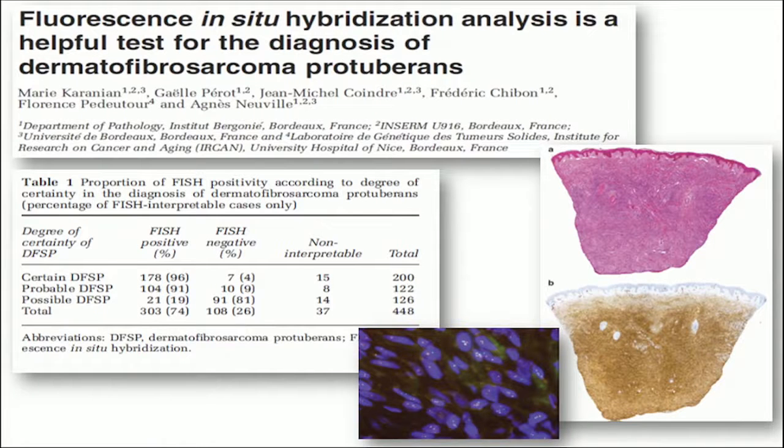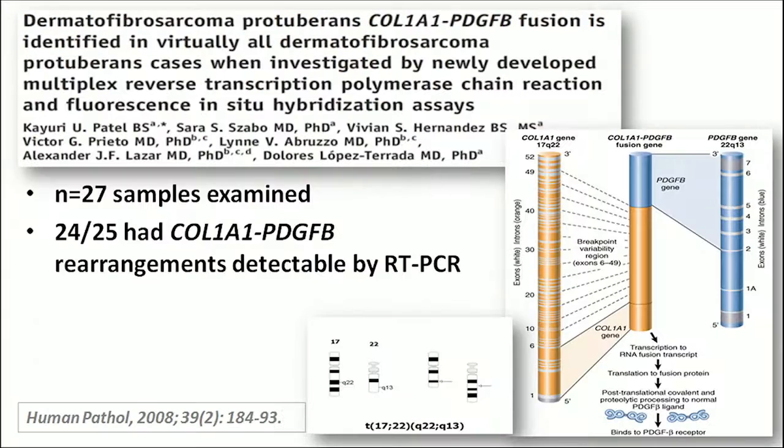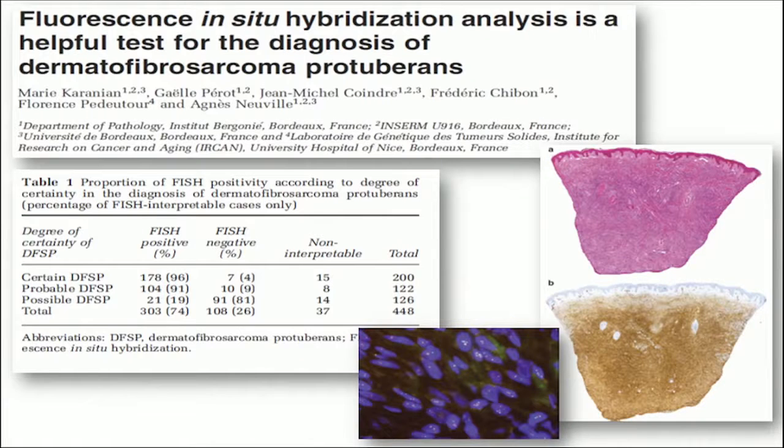You can detect this both by RT-PCR and by FISH as well. Both approaches are fairly straightforward. The FISH is somewhat complicated because of some of the structural features of the rearrangement. But the PCR is also really complicated because you can have about 47 different breakpoints in the COL1A1 gene, so you have to design primers to cover all of those.